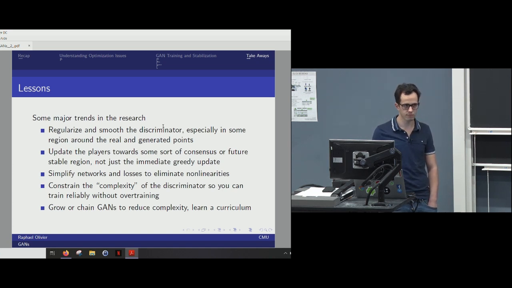But again, what's the complexity of a neural network? It's hard to put a word on that. It's an open problem with a lot of literature on the topic. And you can try to chain together GANs so that each solves an easier problem than the original one, in a sort of curriculum learning fashion.